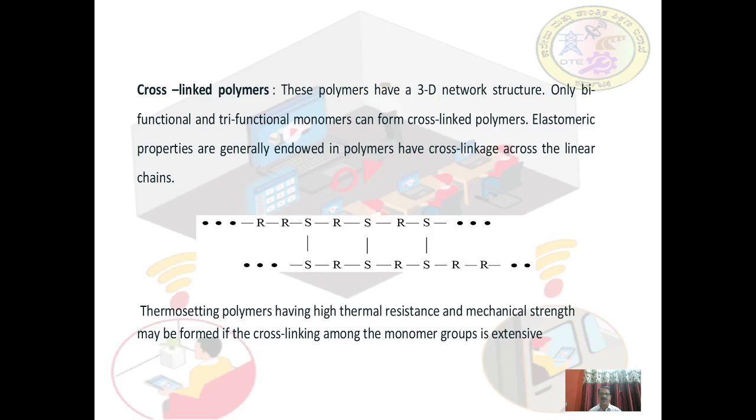Usually polymer chains are laid one over another, and these chains are tied together, right, and form a cross-linked polymer. Thermosetting polymers with high thermal resistance and mechanical strength may be formed if the cross-linkage among the monomer groups is extensive. This is about cross-linked polymers.